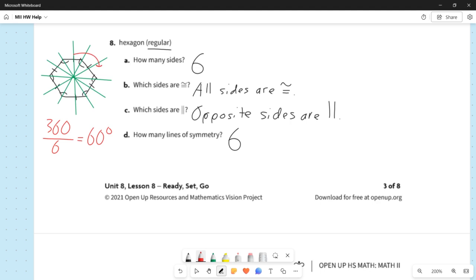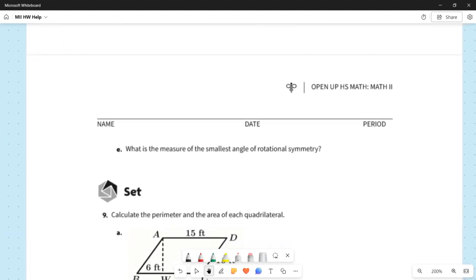All of my sides are going to look just the way they do now, and all of my angles are going to look just the way they do now. You can probably see that if you do 60, and then another 60, and another 60, and another 60, and another 60, and another 60, you're going to get 360 degrees. And so every 60 degrees, you end up getting the same hexagon that you started with. Therefore, the measure of the smallest angle of rotational symmetry is 60 degrees.